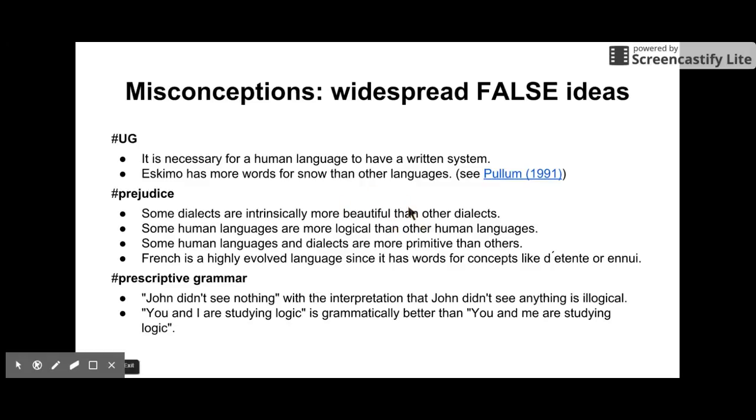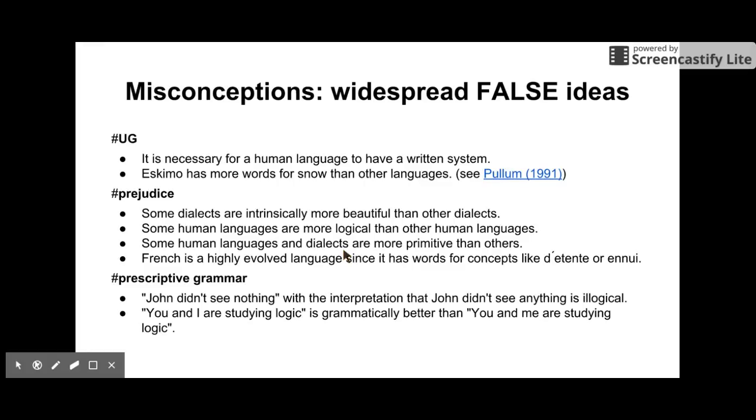How do we study beauty in a scientific way? I don't know. Okay. Some human languages are more logical than other human languages. This is false as well. Actually, all human languages are equally complex.